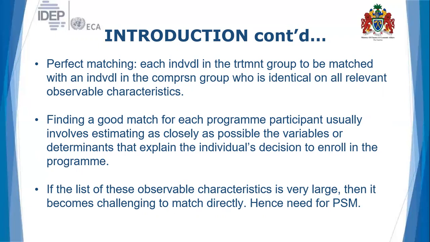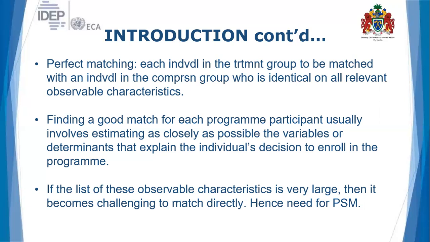However, this kind of matching is usually possible or easy when the observable characteristics are few. However, if the list of these observable characteristics is very large, then it becomes challenging to match directly.